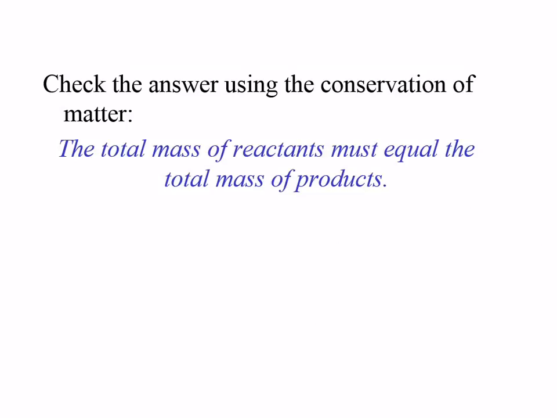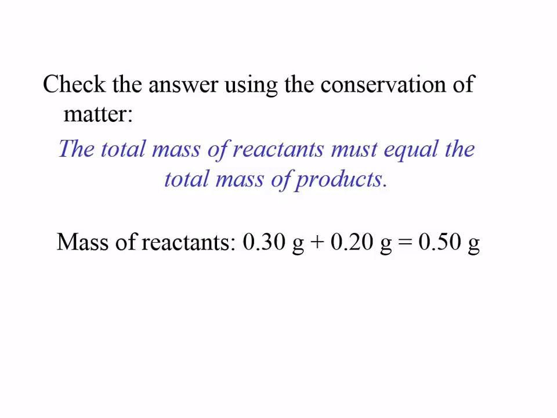So I've talked about a mass balance on either side of the reaction arrow. That's actually what this slide talks about. The first problem we did answered this whole O2 question.